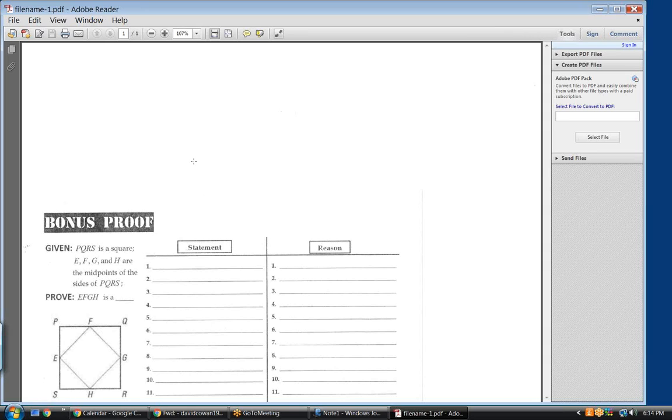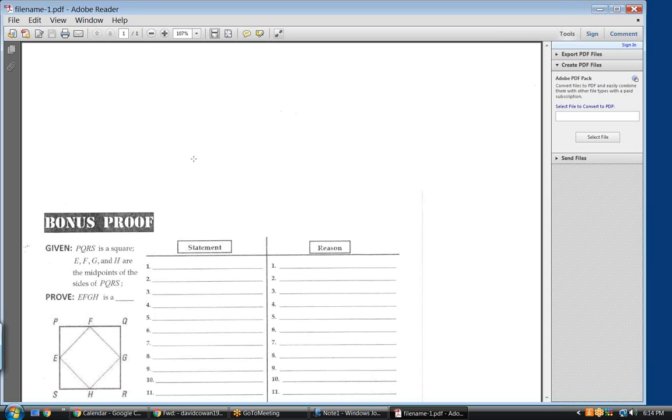Well, first, for number 2, it'd be the definition of a triangle, correct? Or of a square, my bad. Yeah, number 2 is PQ equals QR equals SR equals PS, and the reason that's true is definition of a square. Okay, yeah, I got that.